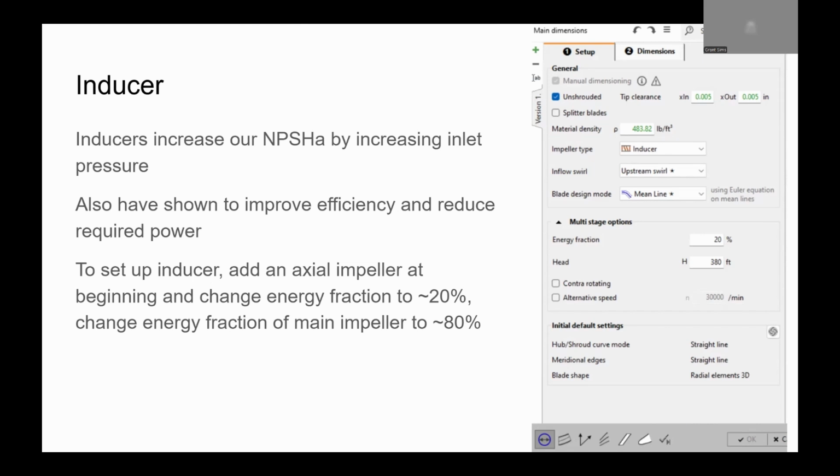So I keep it under 20. I think the reason is something to do with the way CF Turbo handles blade angles when it designs your inducer. If you go above 20, the blade angles get to a point where CF Turbo can't automatically figure them out. Because I don't understand what the blade angle should be, I like to keep things under 20% so that CF Turbo can do some of the inducer blade angle work for me.